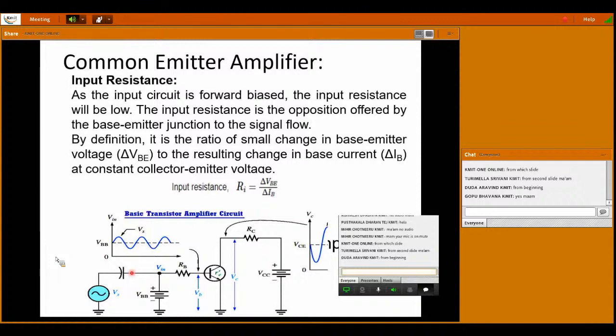Now, how can it block the DC? The reactance offered by the capacitor, XC, is equal to 1 by 2 pi fC. So if I am applying a DC signal, it simply acts like an open circuit.